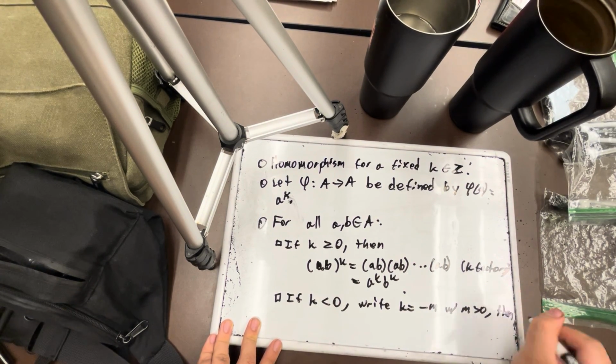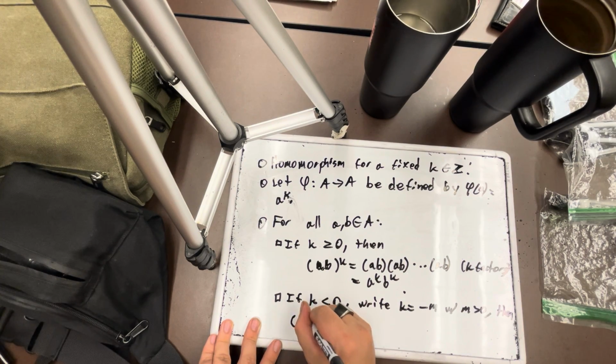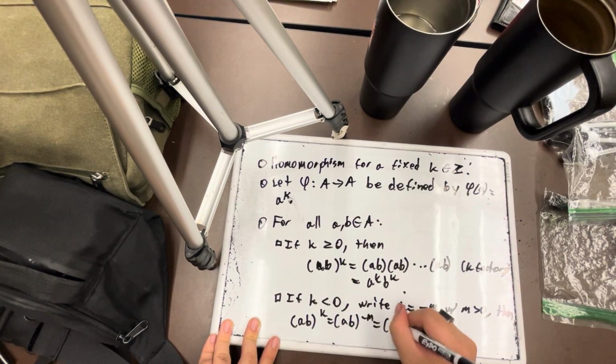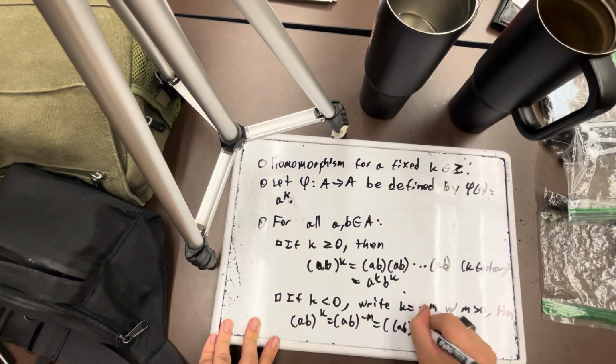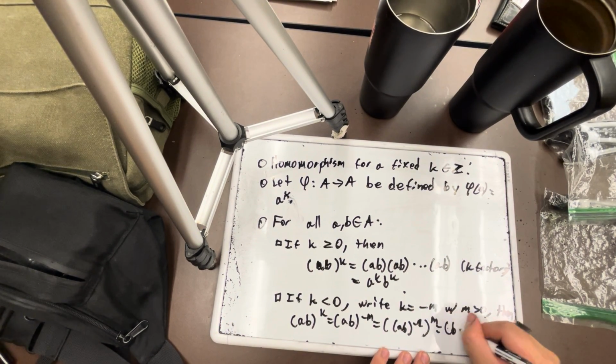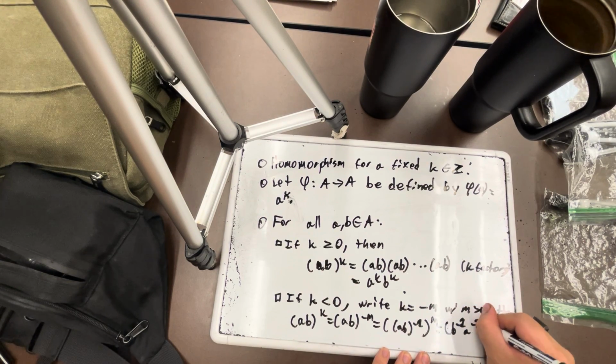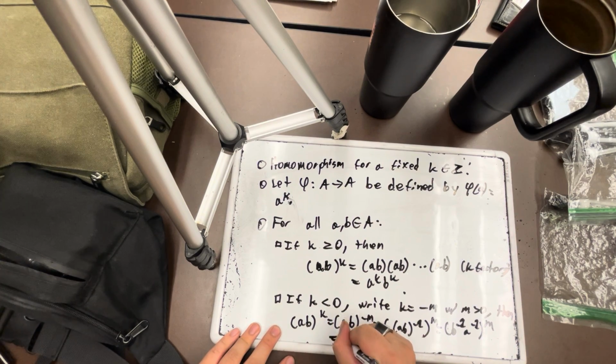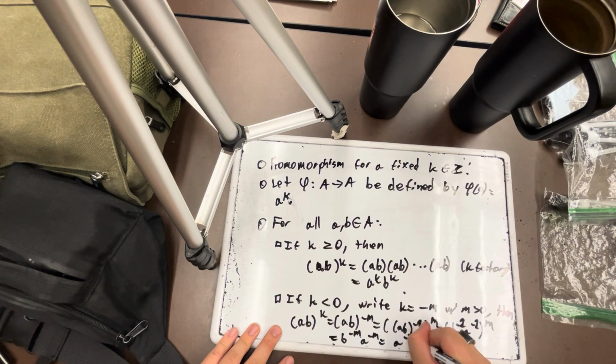Then (ab) to the k is equal to (ab) to the -m, which is equal to ((ab) to the -1) to the m, which is equal to (b to the -1 times a to the -1) to the m, which is equal to b to the -m times a to the -m, which is equal to a to the -m times b to the -m, which is equal to a to the k times b to the k.